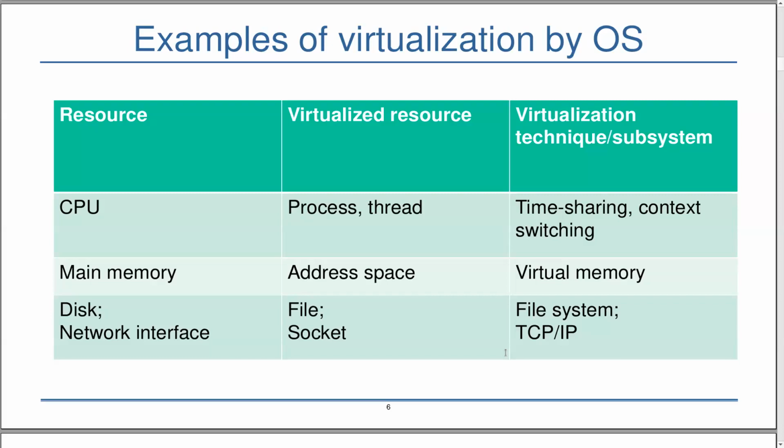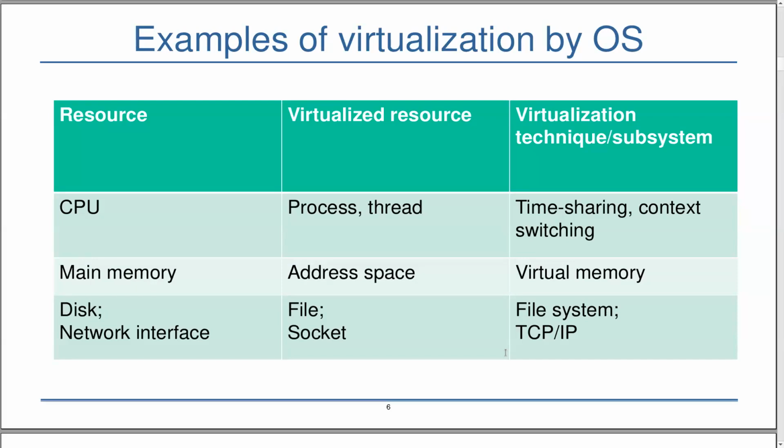So for that purpose, the virtualized resource is the address space, and the technique that we use is virtual memory. So how many of you have heard about virtual memory, page tables, or segmentation? Okay. Yeah, so virtual memory is the technique. Again, it's going to come up in the course. So if you haven't heard about this, you'll learn it soon.